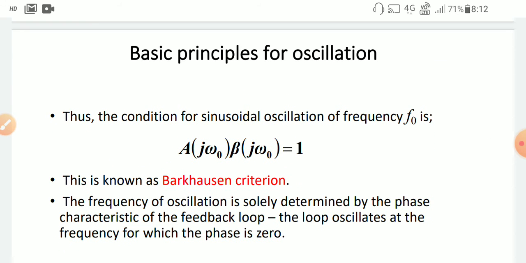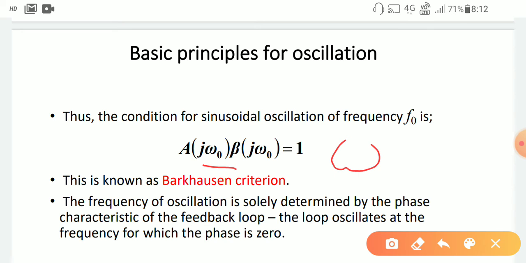Thus, the condition for a sinusoidal oscillator of frequency f0 is that only at the frequency f0 is the Barkhausen condition or criteria maintained. So omega is replaced by omega 0, where omega 0 is equal to 2 pi f0.